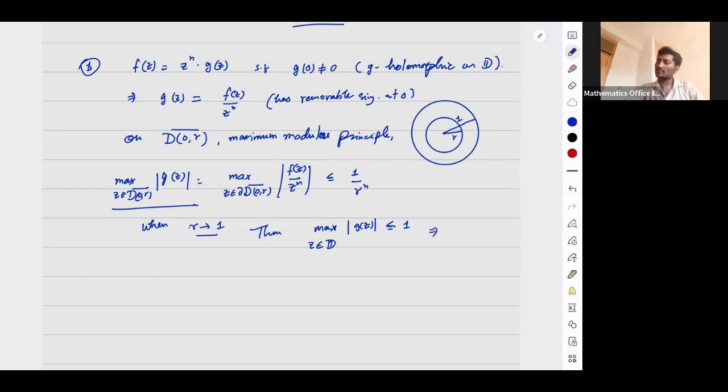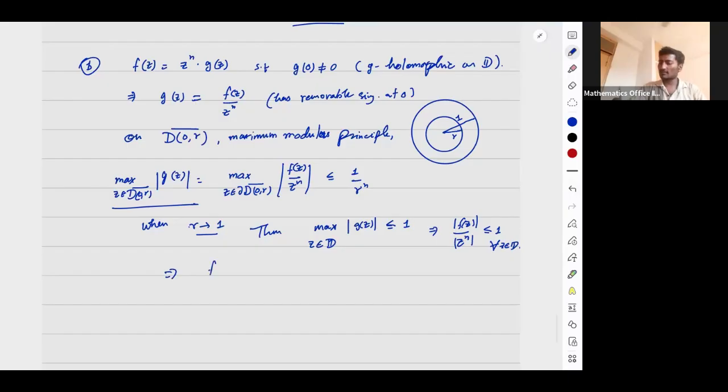This implies that mod F(z) by z to the power n is always bounded by 1 for every z inside D. And this implies modulus of F(z) is bounded by mod z to the power n.